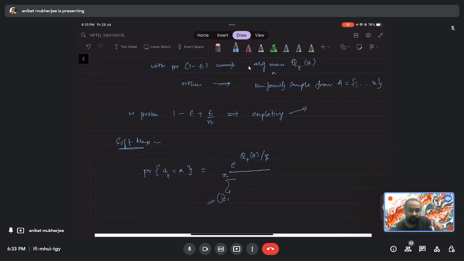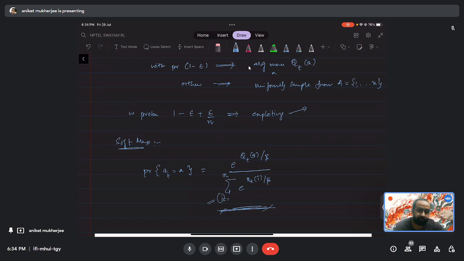So you add up all the exponentiated sample average of reward of each and every arm till the time t. And this gives you a probability measure to pick all the arms. So what this does is you have a probability now with which you are picking the maximum arm.